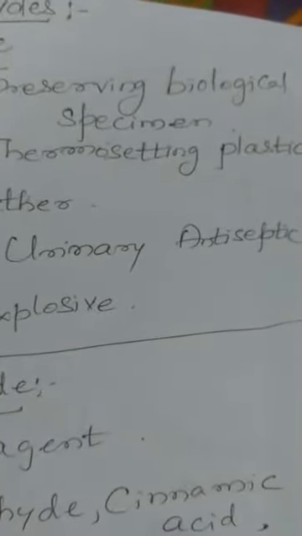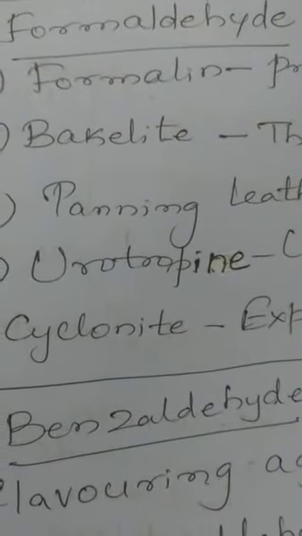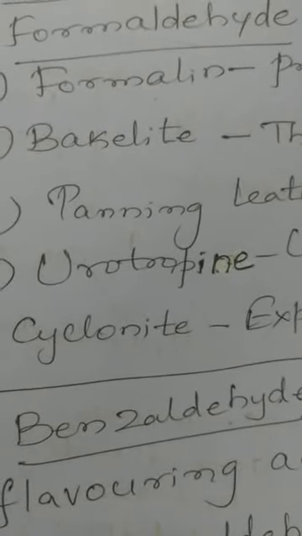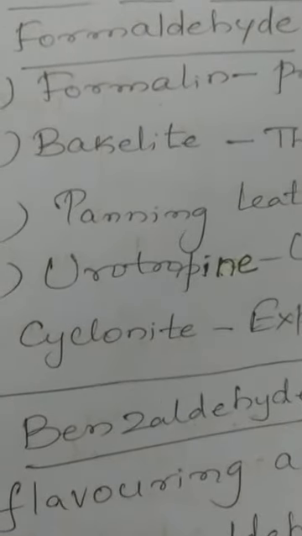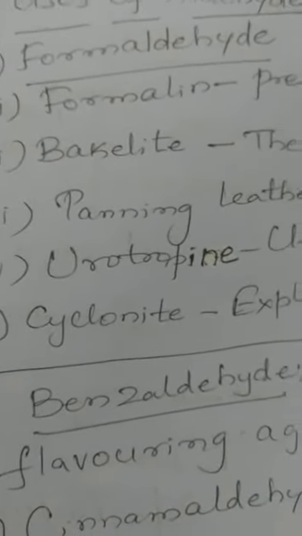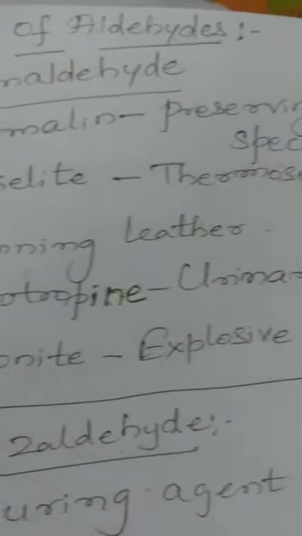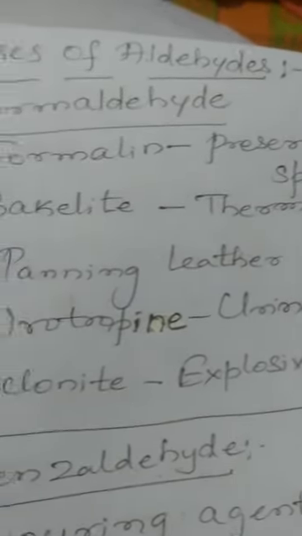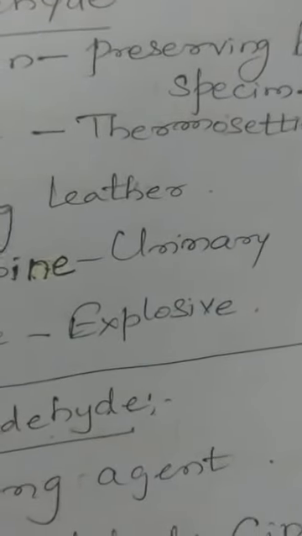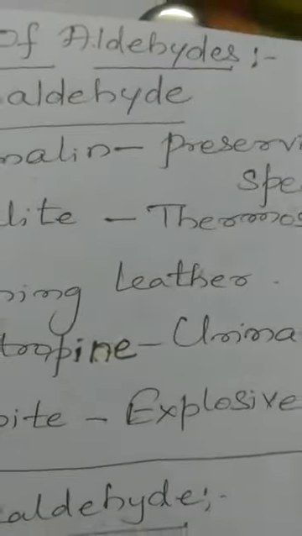When urotropine is subjected to nitration, just remember students, it gives a compound called cyclonite. This cyclonite is one of the components of RDX, which is used as an explosive. So urotropine is used in medicine, whereas cyclonite is used as an explosive. These are the important uses of formaldehyde, an aliphatic aldehyde.